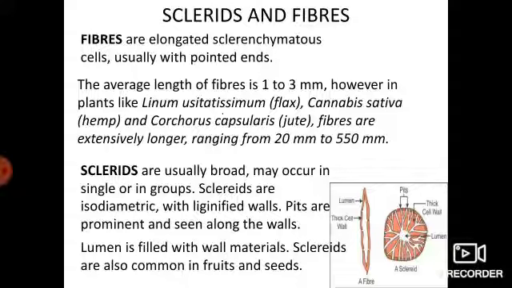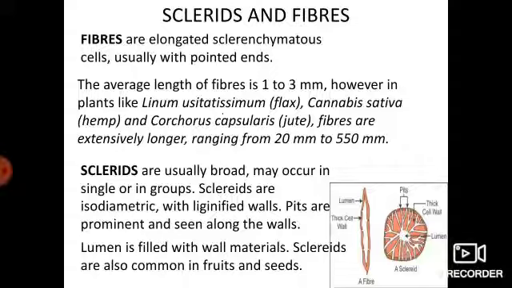The average length of the fiber is 1 to 3 millimeter. However, in plants like Linum usitatissimum, that is flax plant, Cannabis sativa, hemp plant, and Corchorus capsularis, jute plant, the fibers are extensively longer, ranging from 20 millimeter to 550 millimeter.